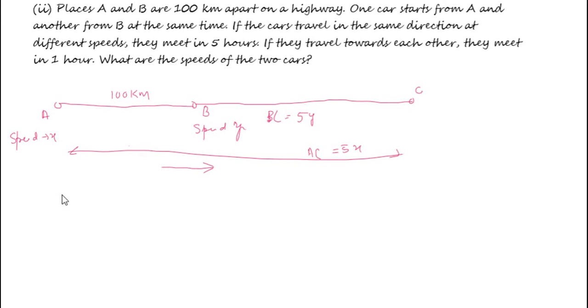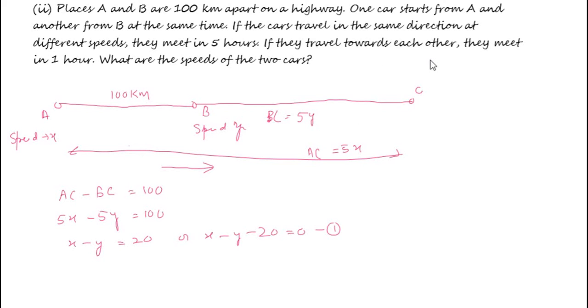So AC minus BC equal to 100. AC is equal to 5x minus BC equal to 5y equal to 100. So dividing by 5, x minus y equal to 20, or x minus y minus 20 equal to 0. This is equation 1.